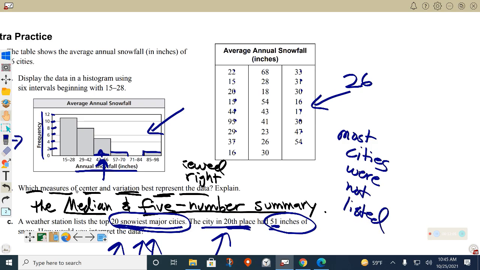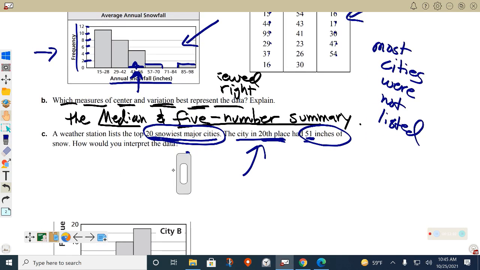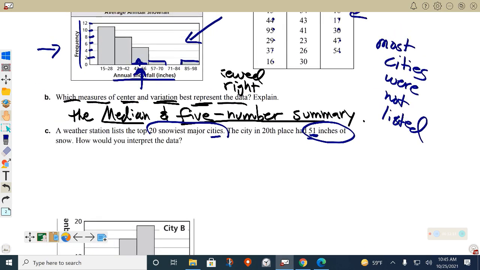Because if this weather station says, hey, look, 20th place was right here, that means there'd be 19 cities above this bar. But we only have like 2 cities here, 1 and 2. That means most of the snowiest cities were not in this list. That's what we can conclude.